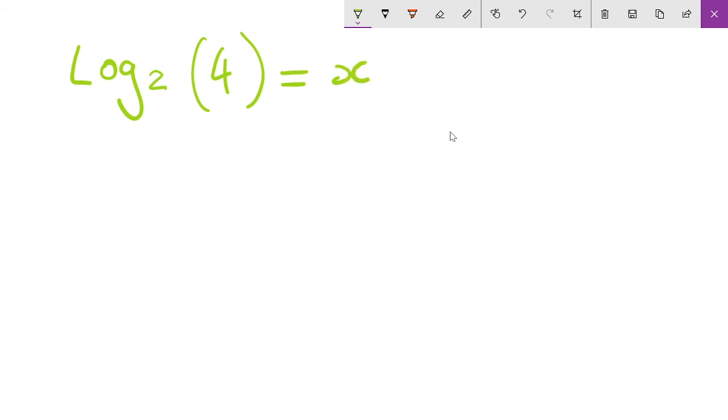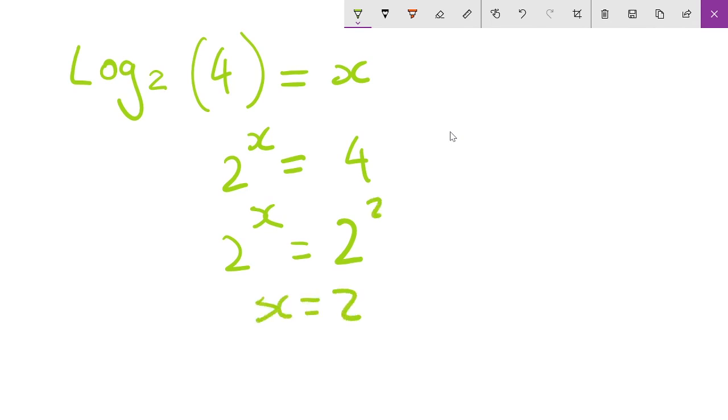How do we solve this without using calculators? It'll just be 2 to the x equals 4, which means 2 to the x is 2 squared, so therefore x equals 2.